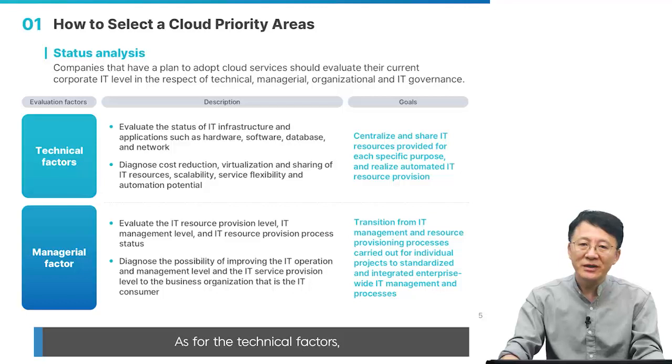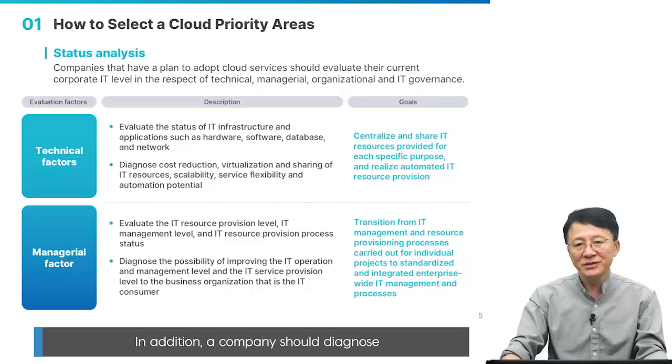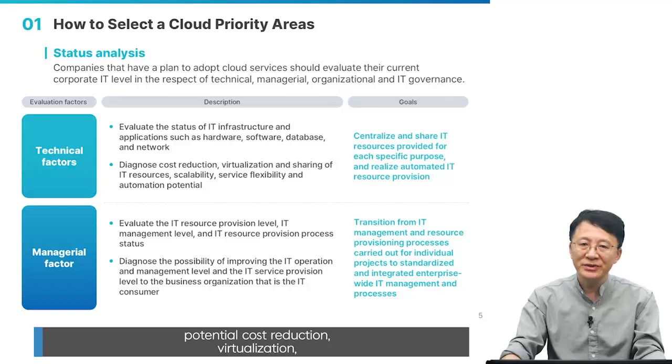As for the technical factors, the status of IT infrastructure and applications such as hardware, software, database, and the network is evaluated. In addition, a company should diagnose potential cost reduction, virtualization, and the sharing of IT resources, scalability, service flexibility, and automation expected from cloud adoption.